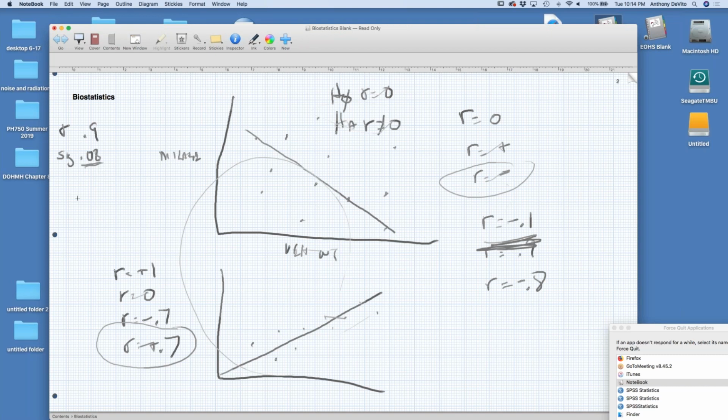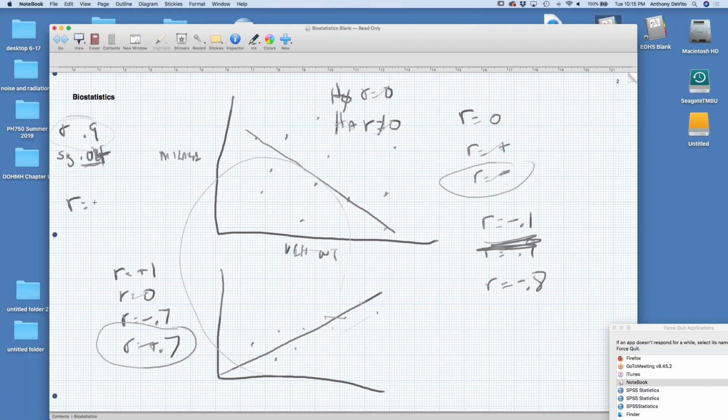Is that less than 0.05? I know I fooled you because I made this seem like such a strong association, but we don't have that. Maybe the sample size is too small for us to be sure that we didn't get that by chance. So in that case, we can't reject the null hypothesis. But had this been 0.04, then we would be able to reject the null hypothesis.